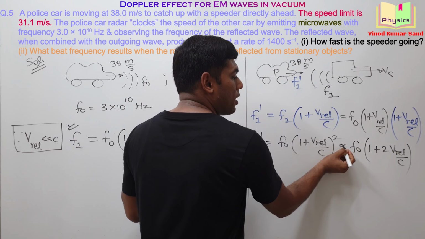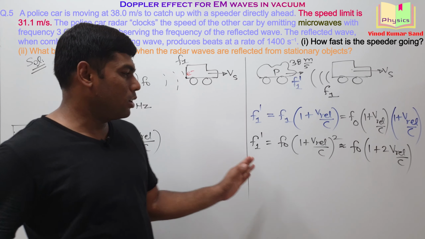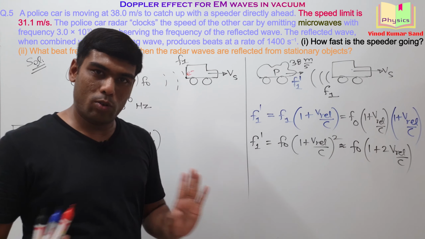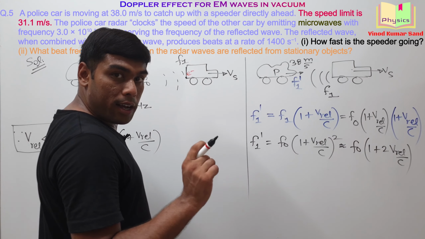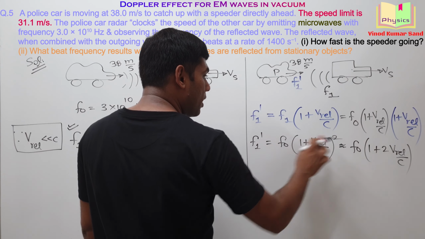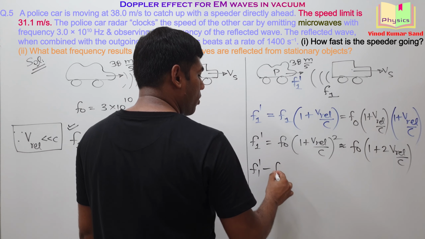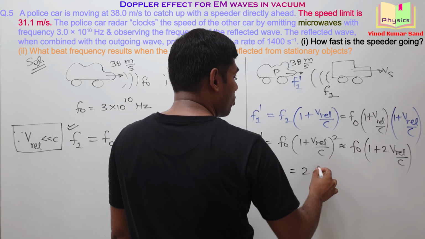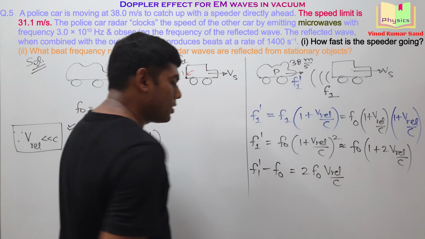Actually here should be an approximately equal sign, but I told you in a numerical question we can take the equal to sign and we'll get the approximated answer. We need not bother about it. Now from here I am doing some computation. This f1 dash minus f0, simplifying the things here, can be written as 2 times f0 v relative by c.